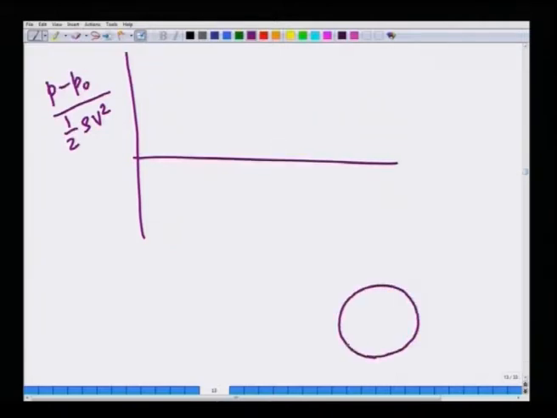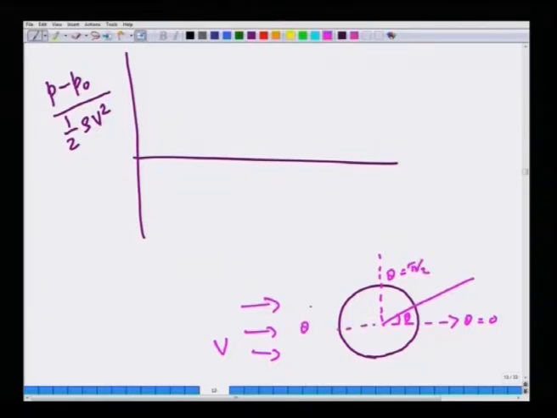So, the coordinate system is like this. You have the cylinder, and imagine that the flow far away is in this x direction, and we measure theta like this. So, theta is 0 here, theta is pi by 2 here, and if you come around a full half circle, theta is pi.